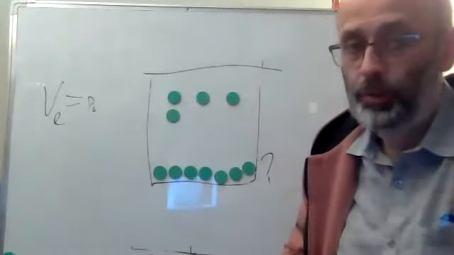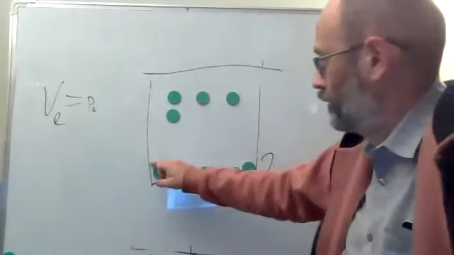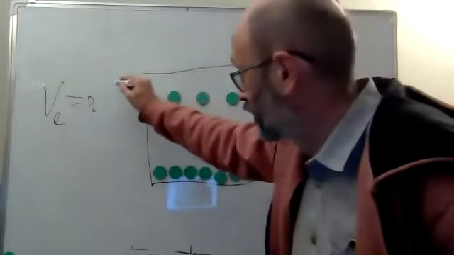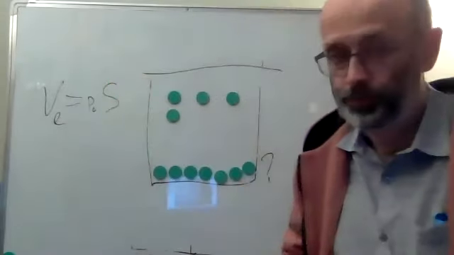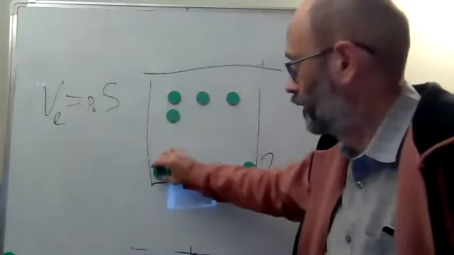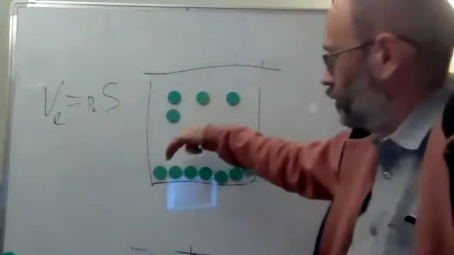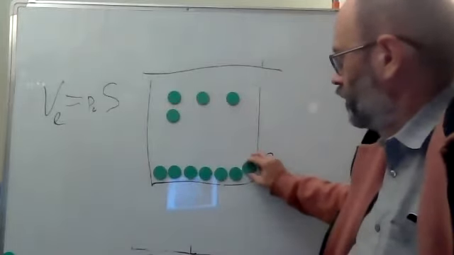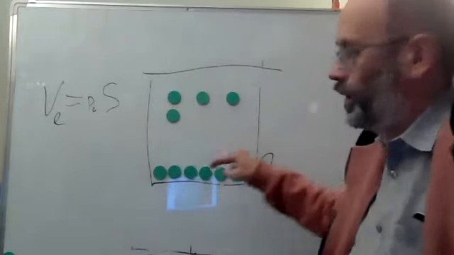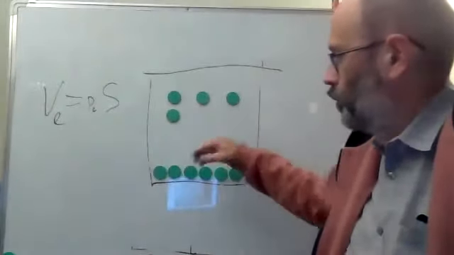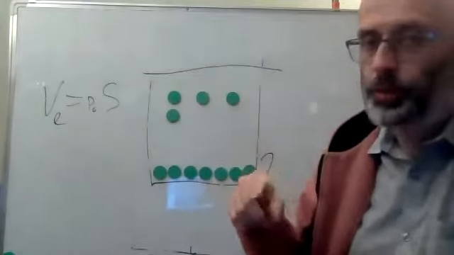And this number is proportional to the surface area of the liquid, S. We do not care about the exact number of molecules, but we know that these molecules are packed densely. So if we know the area, we know the relative amount of molecules per square centimeter, for example.